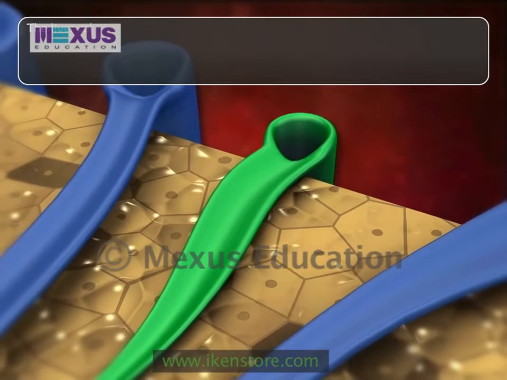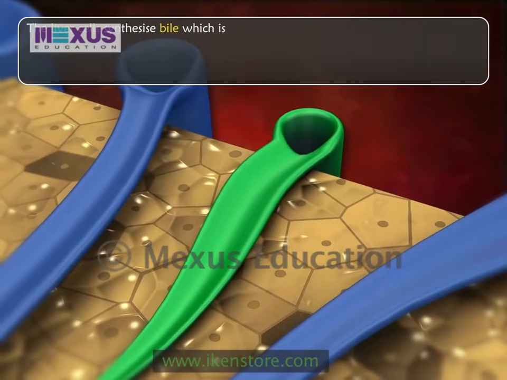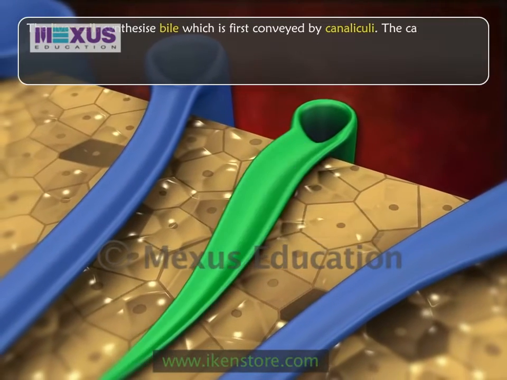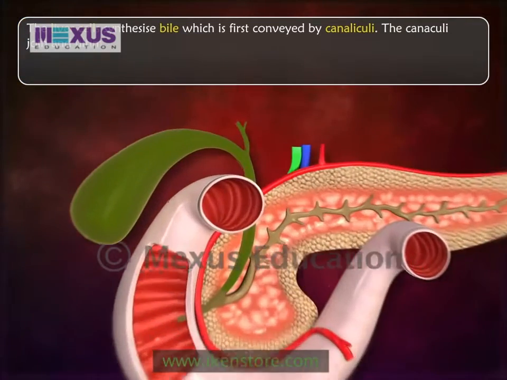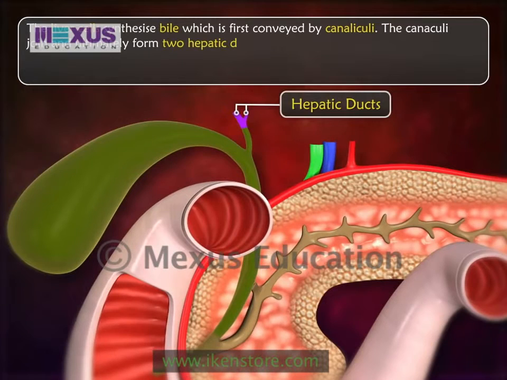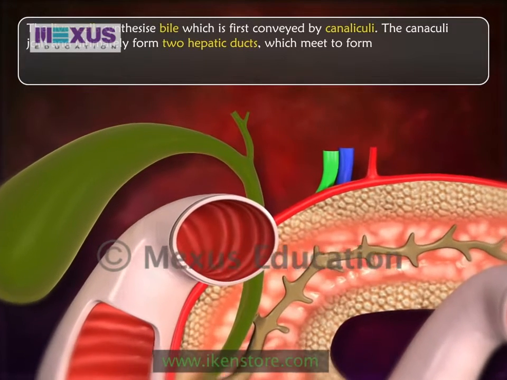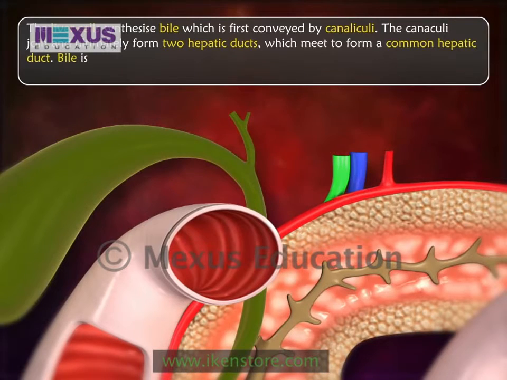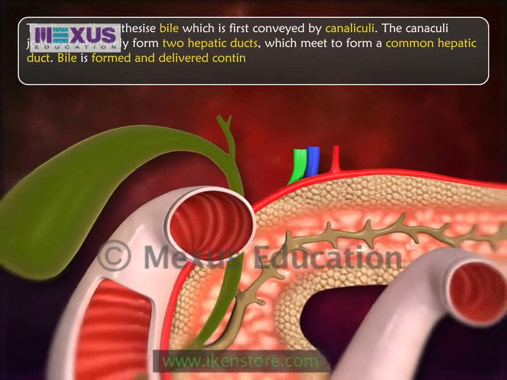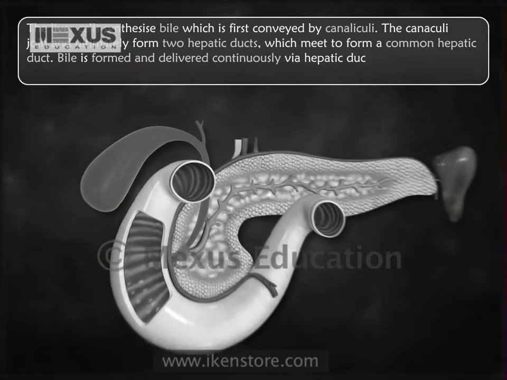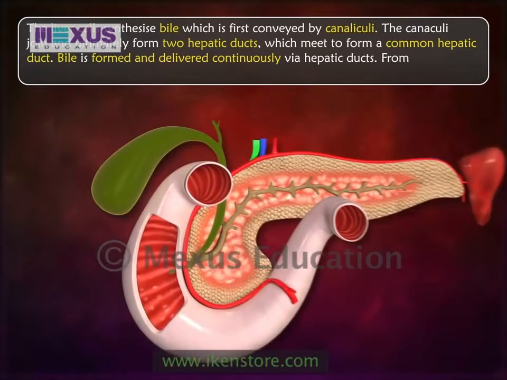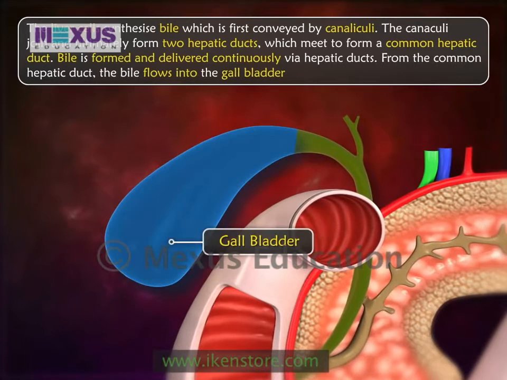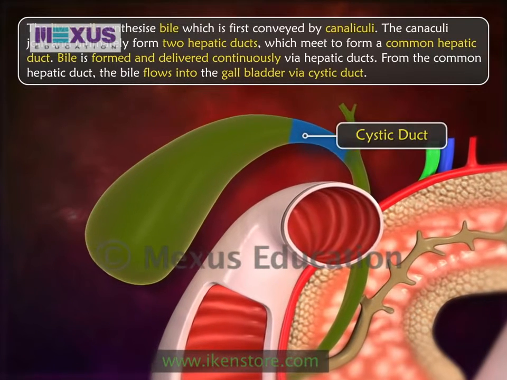The liver cells synthesize bile, which is first conveyed by canaliculi. The canaliculi join and ultimately form 2 hepatic ducts which meet to form a common hepatic duct. Bile is formed and delivered continuously via hepatic ducts. From the common hepatic duct, the bile flows into the gallbladder via cystic duct.